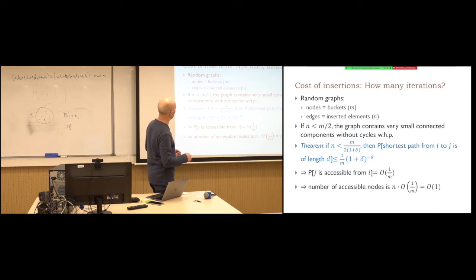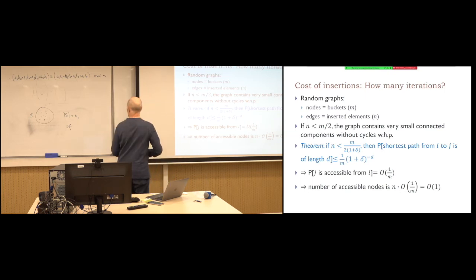So, to be more precise, if the number of objects is less than m over 2 divided by something more than 1 plus delta, then the probability that the shortest path from some node i to some node j is of length d will be less than 1 over m to the power of 1 plus delta. So it will decrease exponentially. This is in terms of graphs.